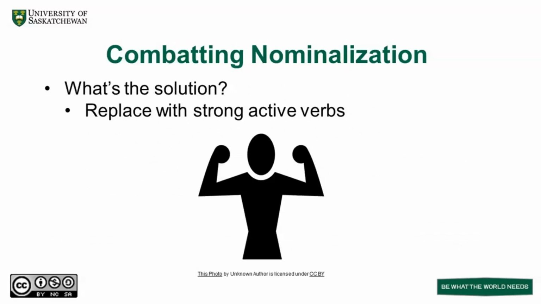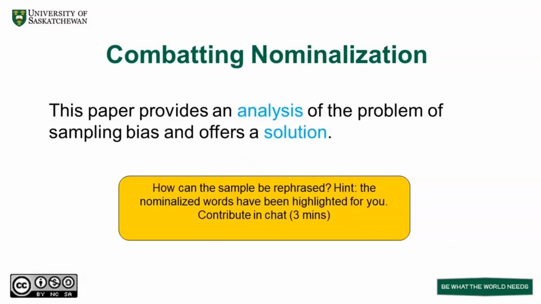So fortunately, there is actually a very simple solution for combating nominalization, where we take that nominalized noun and replace it with a strong active verb if it's going to make sense for the sentence. So here we have an example of nominalization in a sentence.